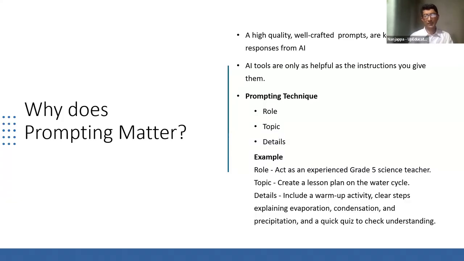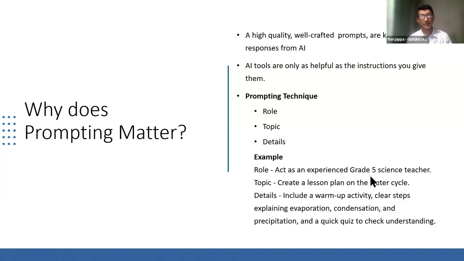Now, I've taken the example of creating a lesson plan on the water cycle for grade 5 students. So how do we write it? I think most of us used to write, give me a lesson plan on water cycle for grade 5 students. Many of us would leave out grade 5 students also. The quality of output when you give just one line of prompt is very, very low. This is where you need to learn the art of prompting, where first you assign a role to the AI tool.